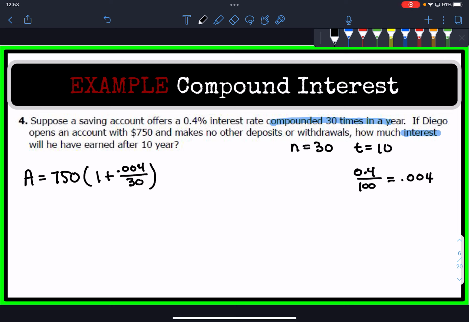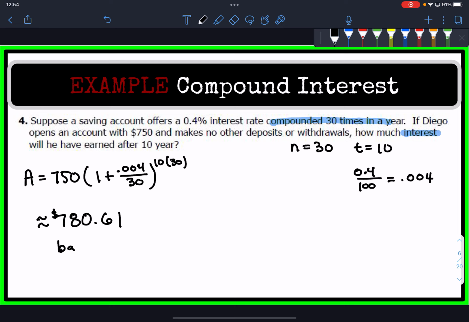We're going to raise that value to 10 years multiplied by 30, which is going to approximately equal $780.61. Remember, this is the accumulated balance.